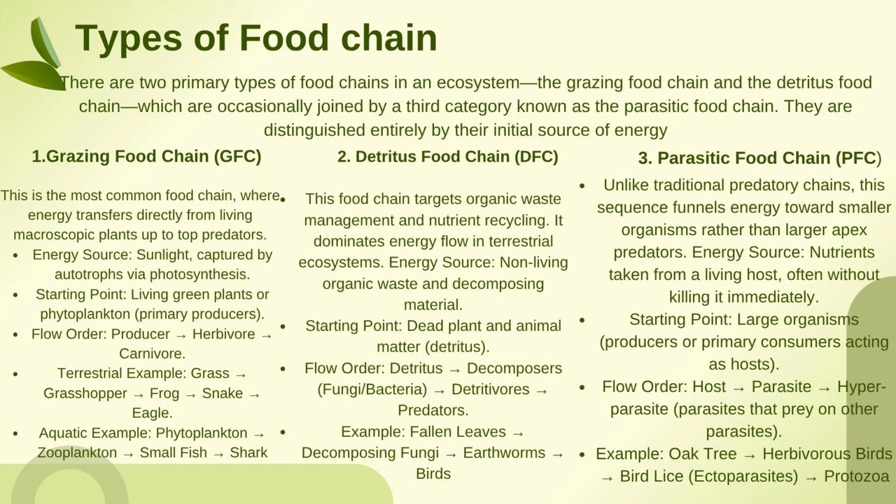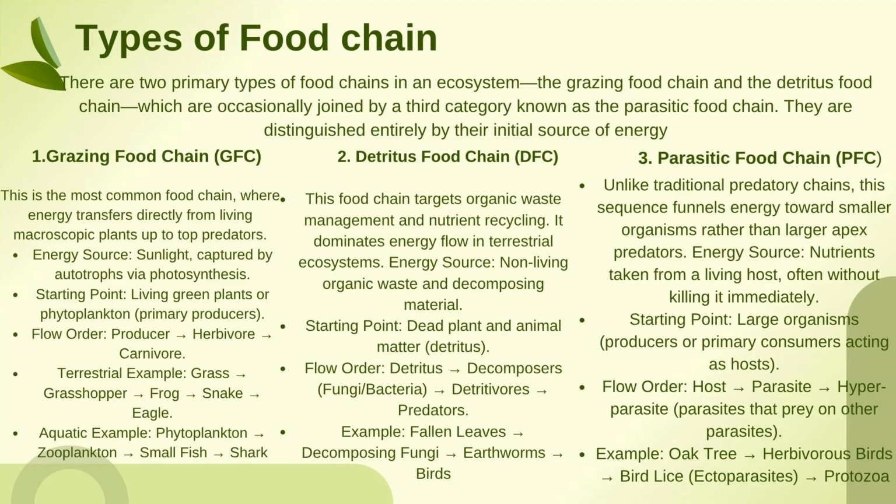Next comes the parasitic food chain. This is unlike traditional predatory chains. This sequence moves energy towards smaller organisms rather than the larger or the apex predators. The energy source will be the nutrition taken from the living host, often without killing them immediately. The starting point will be large organisms like producers or primary consumers acting as hosts.